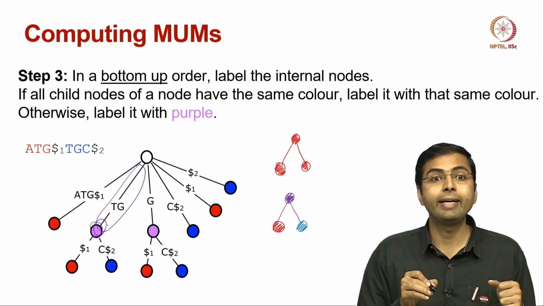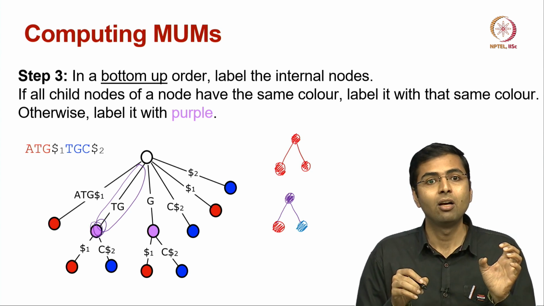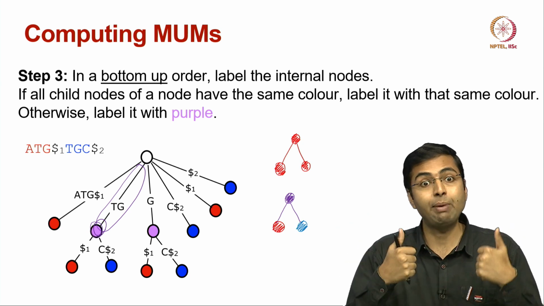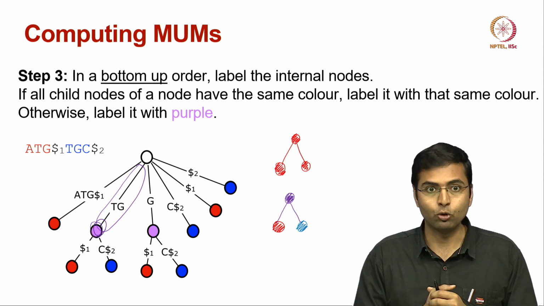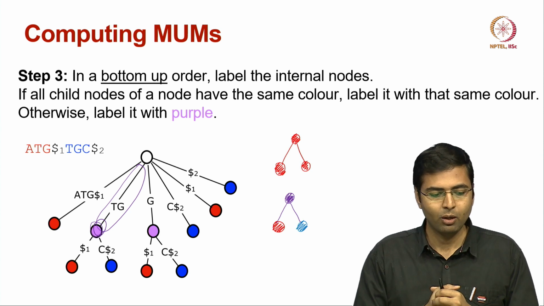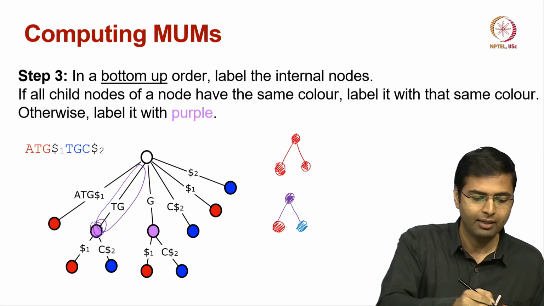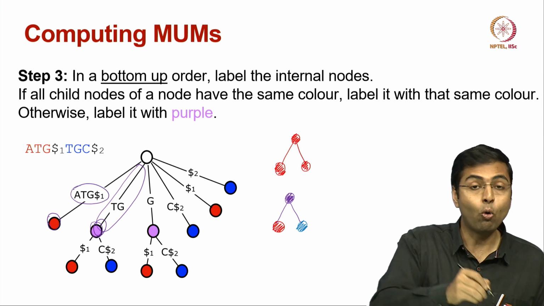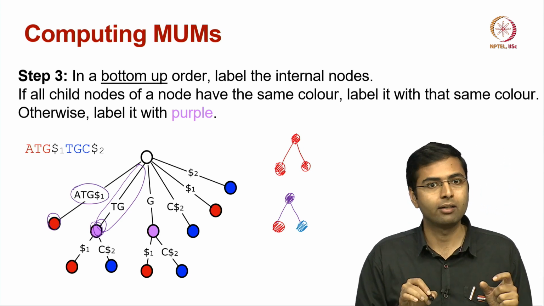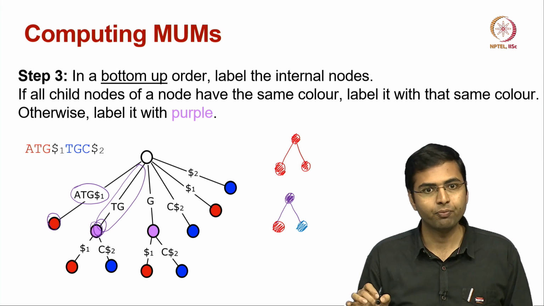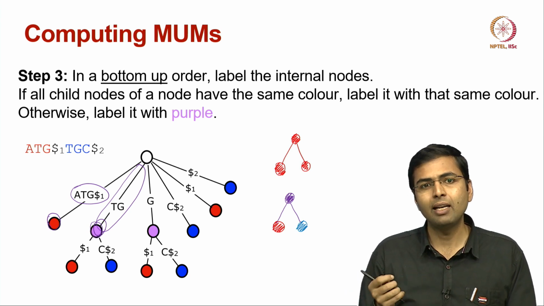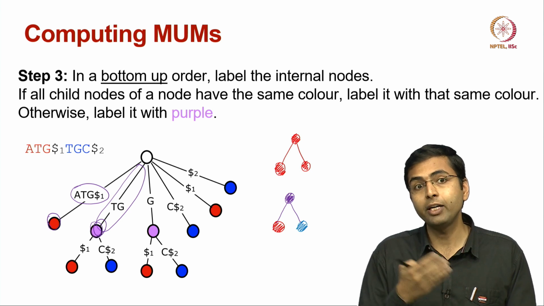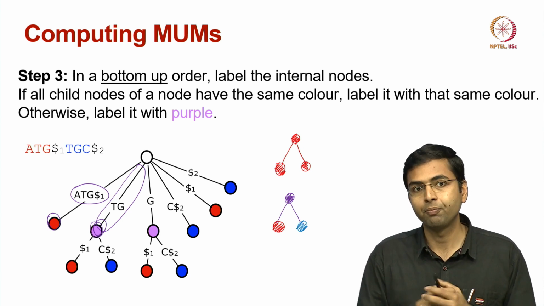The purple color indicates that the substring TG is shared by both strings S1 and S2. Whereas any path label corresponding to a red colored node will only occur in string 1; it will not be shared by string 2, and so on. So these colors tell us the origin of the path label, that is, whether it comes from string 1, string 2, or is common to both.